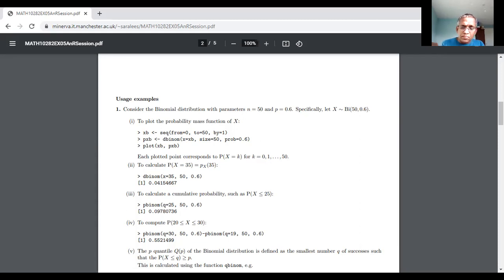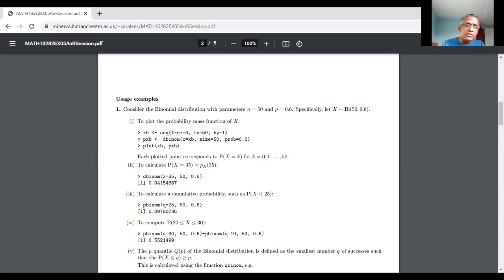And then you want to compute the density of the binomial distribution, which is the PMF, right? Remember that the binomial distribution has two parameters, the size parameter and the probability parameter.